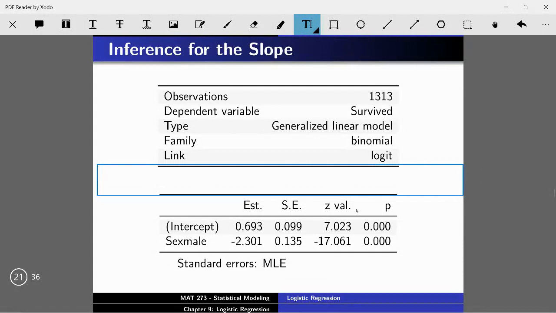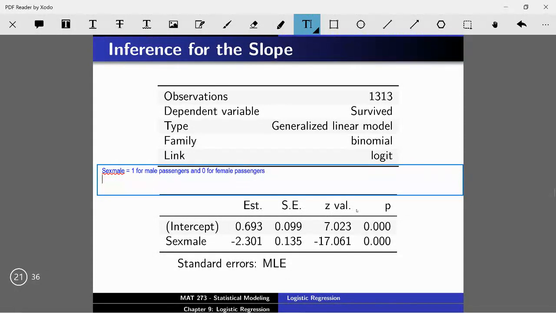So in this case, first it would be important to mention how we define this predictor. Sex male equals 1 for male passengers and 0 for female passengers.